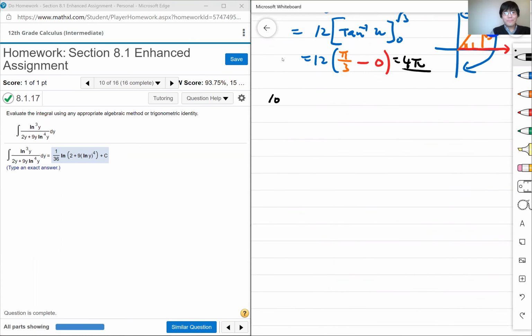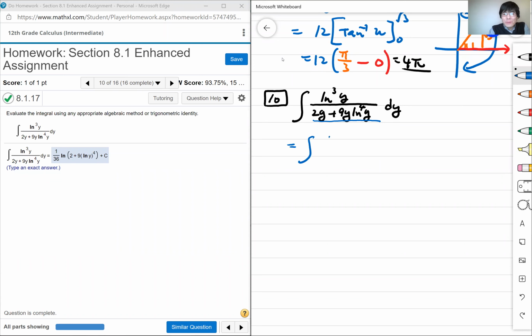Number 10. Number 10 is a complicated one. Okay, it looks very complicated. You might wonder where to start. You notice that y on the bottom can be factored out.